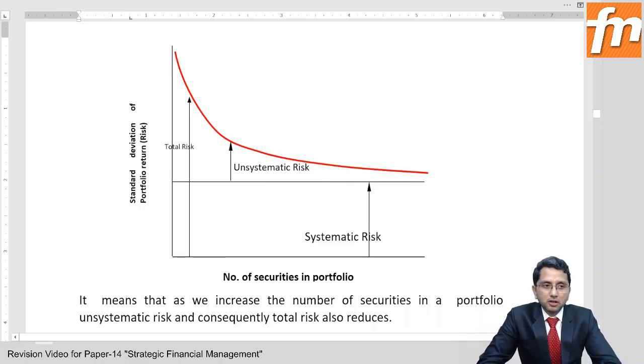That is the submission of CAPM, that why are you bearing unsystematic risk? You can simply reduce unsystematic risk by making a diversified portfolio.